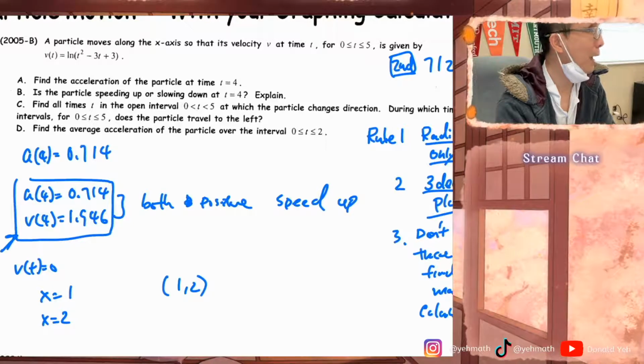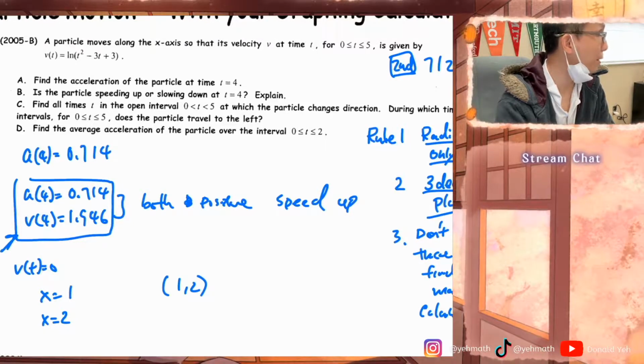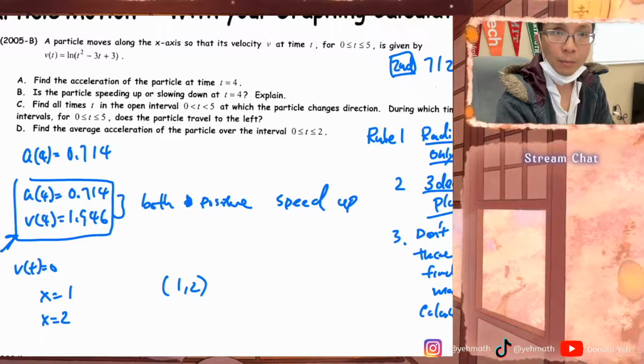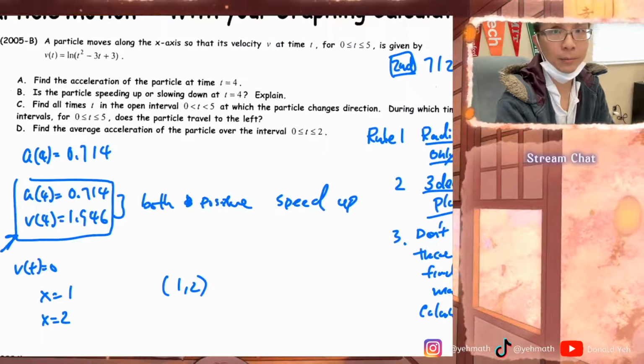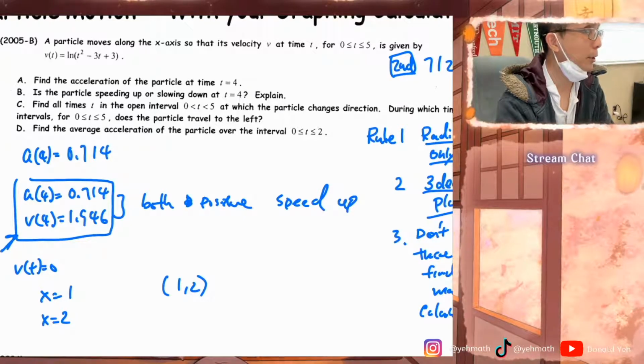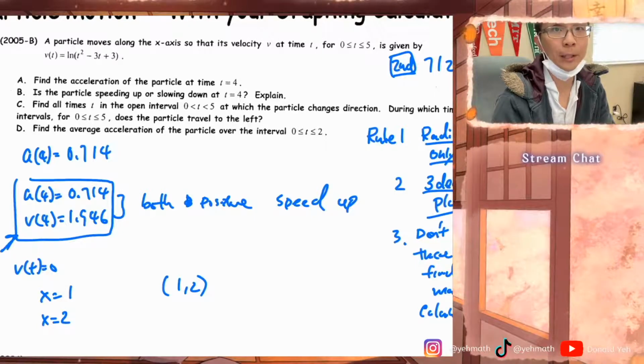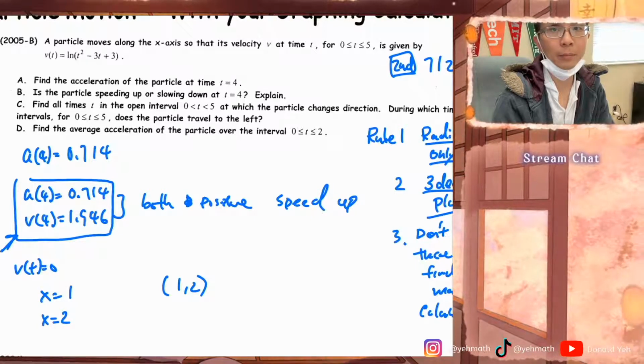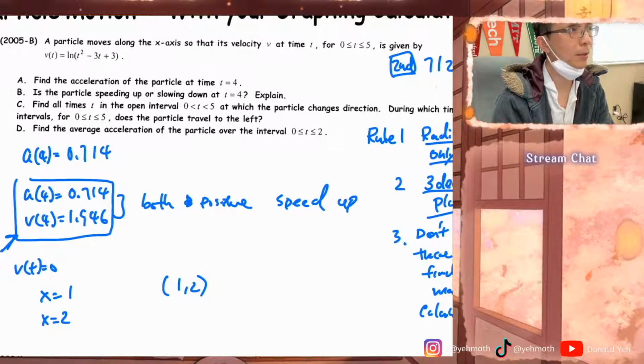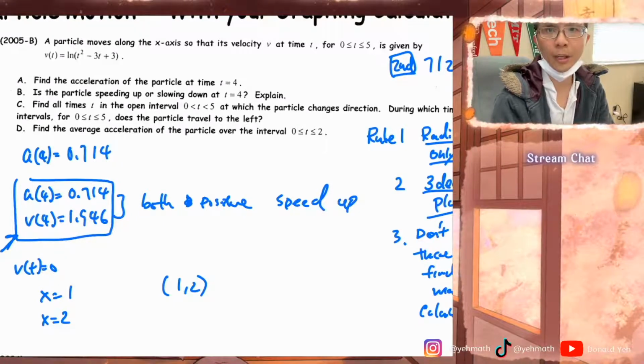What if I say I want to find out how far left? Initial position is at 0. How far left if I want to go back? Well, how far right? Let's just say how far right. Then I'm going to do the integral between here to here. Does that make sense? Because how far right? So I'm going to go out.